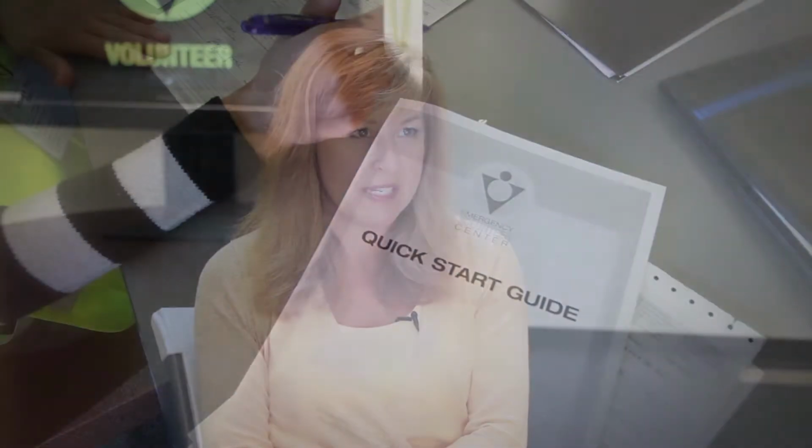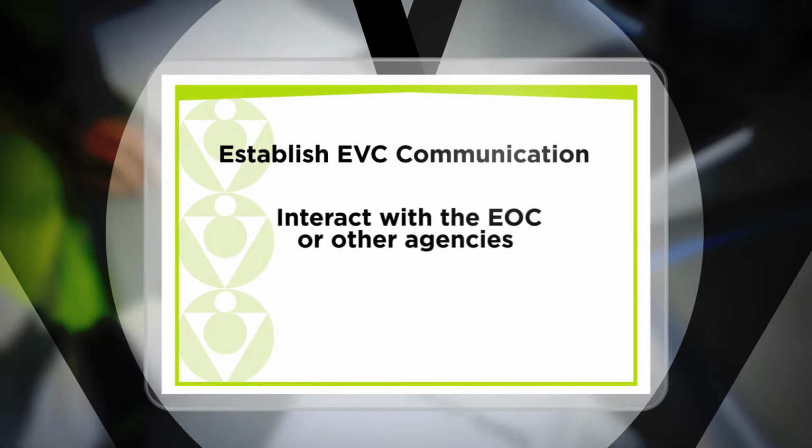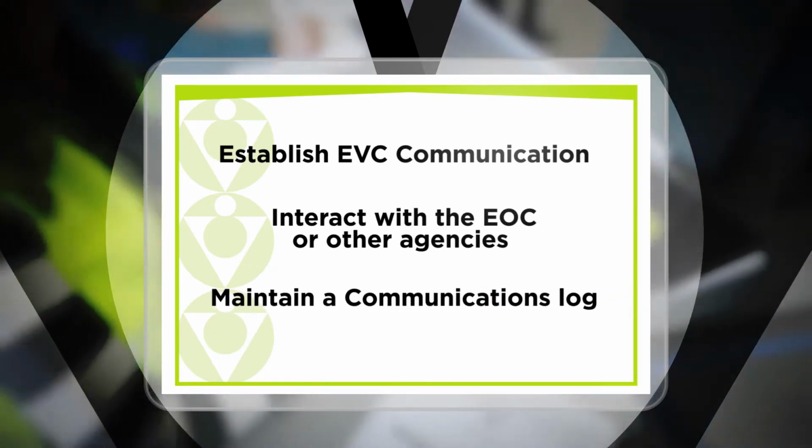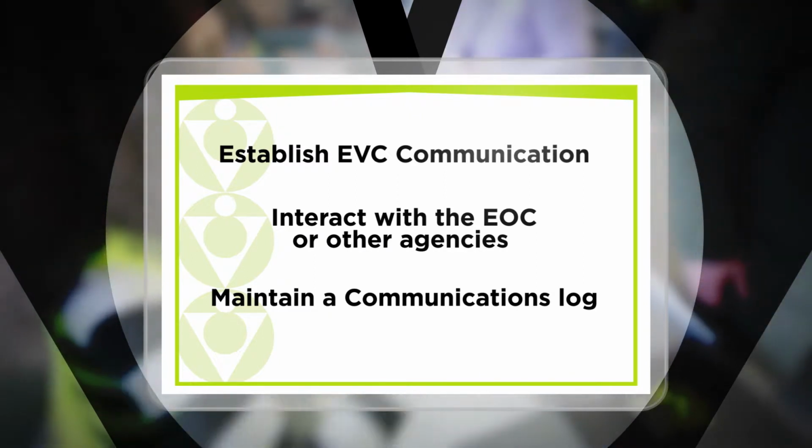We needed one point of communicating with the outside, whether it be via ham radio operator, fax machine, phone, messenger, now using web-based messaging, text messaging, that we had one source of collecting information and then distributing it appropriately within the EVC. It's here that all incoming and outgoing communications are managed, including interactions with the EOC or other agencies, and maintaining a communications log.